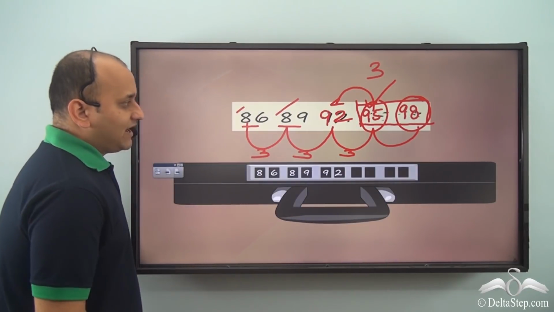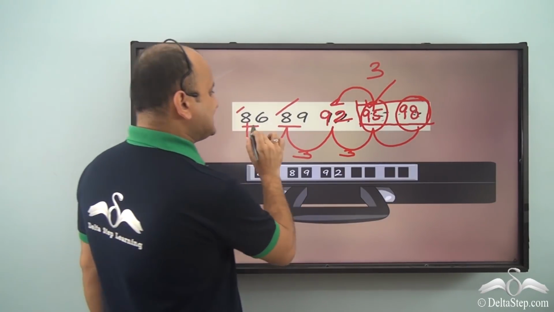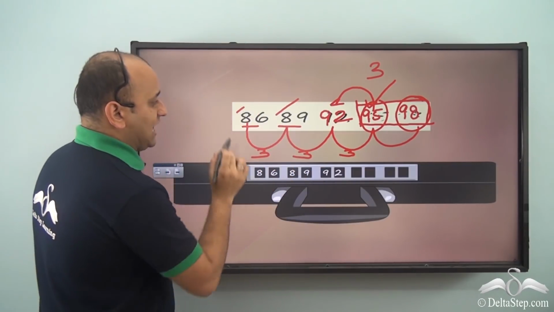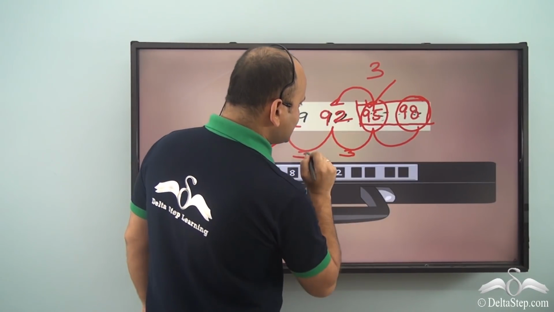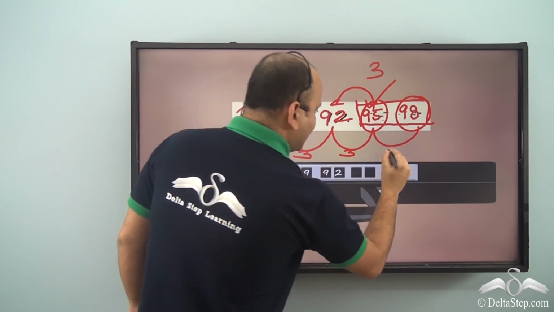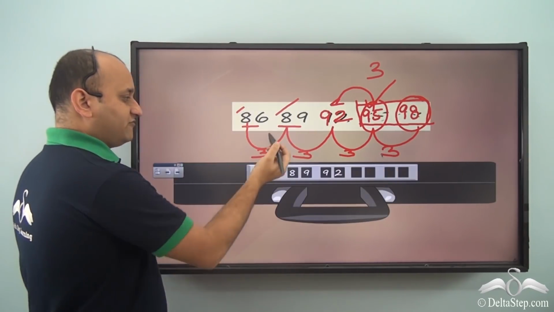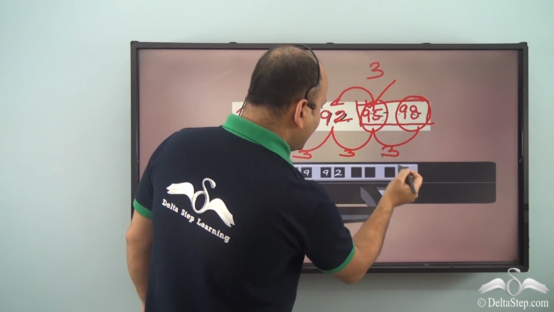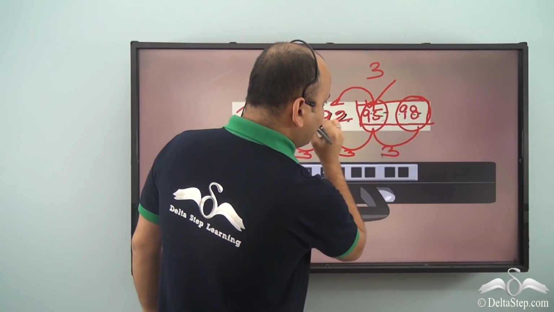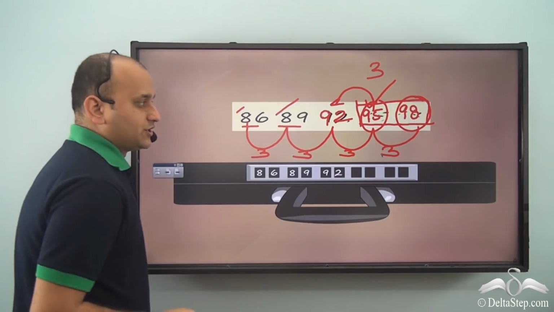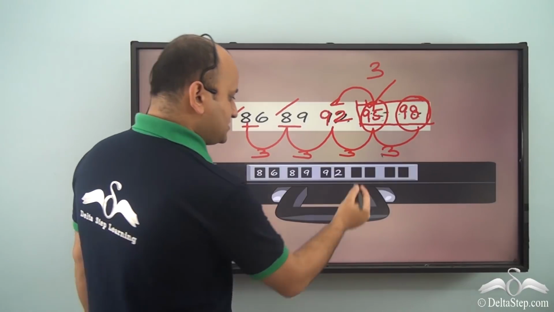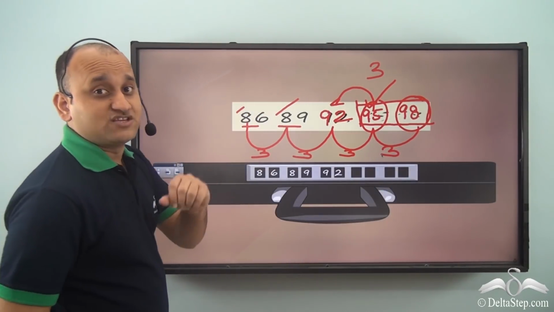So what do we get? Well, if this series is in AP, then we have 86, 89, 92, and then continuing that, if the constant difference is 3, then the next numbers will be 95 and 98. So let's try to put these numbers here and let's see if we can open this briefcase.